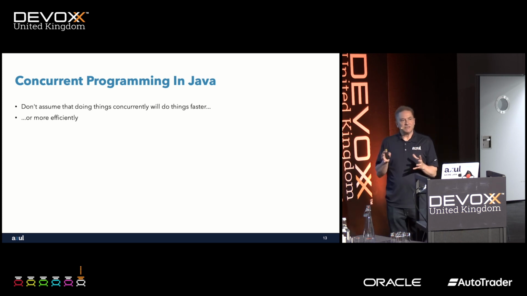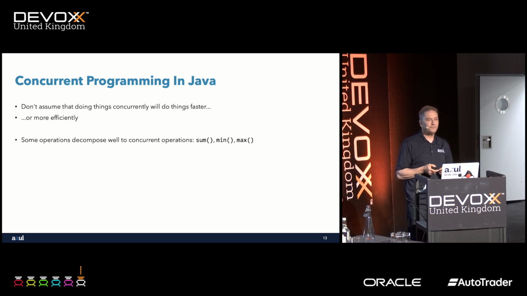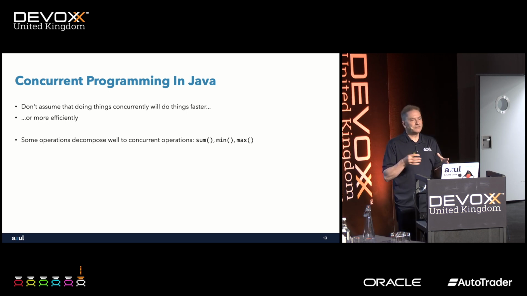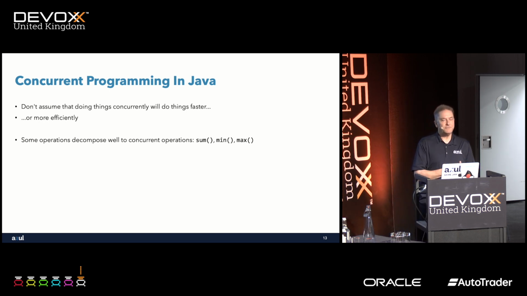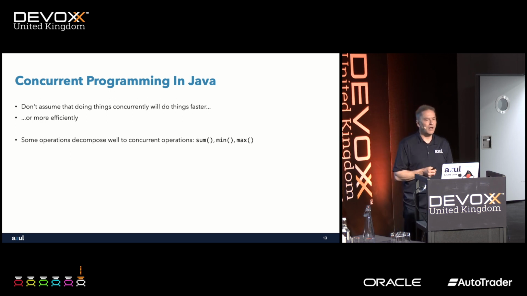Now, the other thing about this is to be a bit careful, because don't assume that doing things concurrently will always do things faster or even more efficiently. If you look at the way that streams work especially, you can say that some operations will decompose well into concurrent operations.